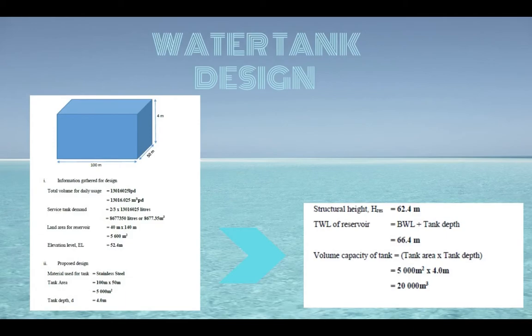After we calculate the tank area, we need information gathering for the house and area. We need to know the total volume for daily users, service tank and land area for the receiver, and lastly the elevation level. After we calculate, we know the volume of the daily user for the water demand that we use.